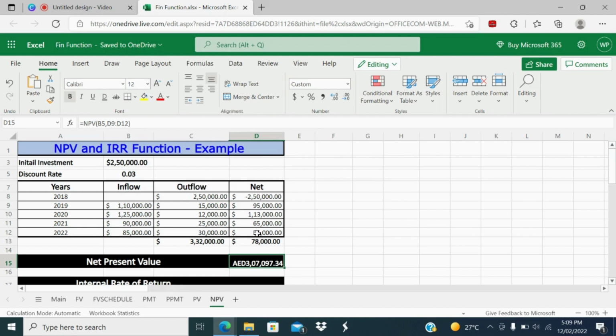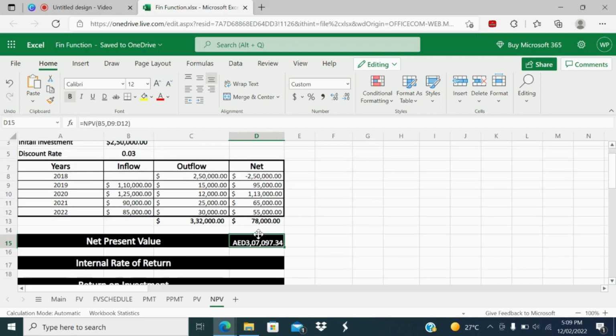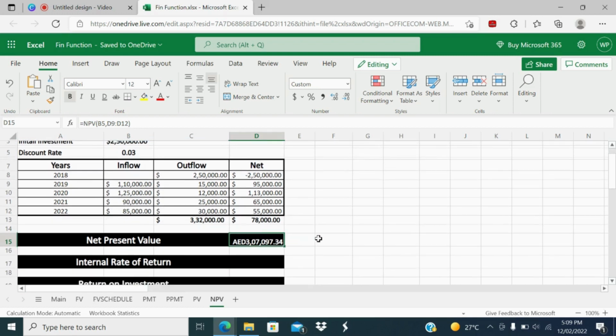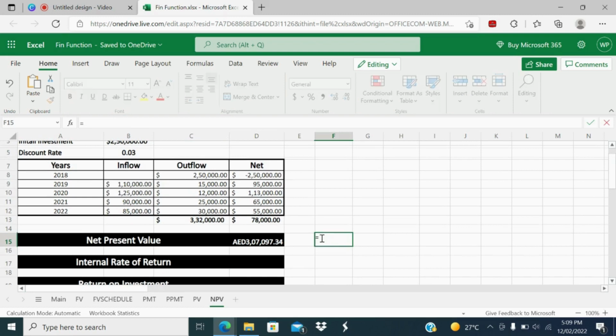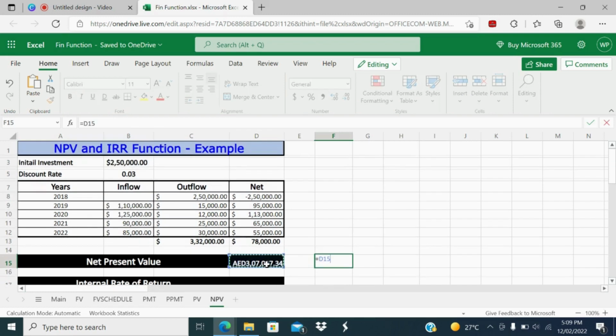Out of this net present cash flow, my initial investment is 250,000. So the remaining 57,097 is the net present value.